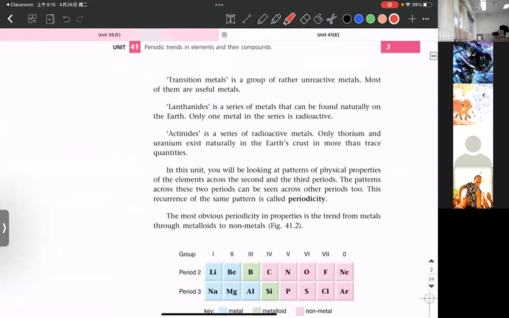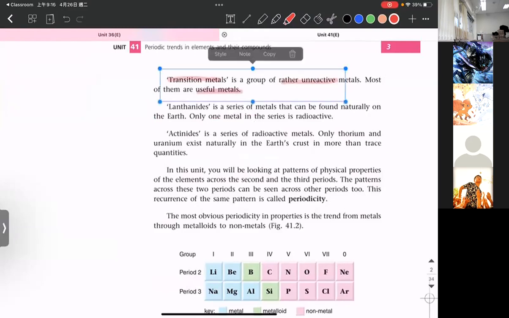Transition metals, when you compare with main group, are said to be less reactive. Because of the relatively more stable chemical property, we find that metals are quite useful. No need to mention something about the high strength of the metallic bond when you compare this with group 1, group 2, and group 3.